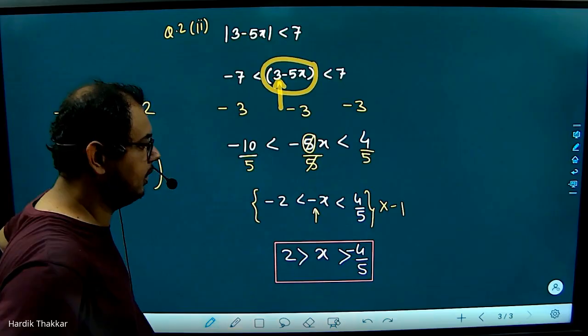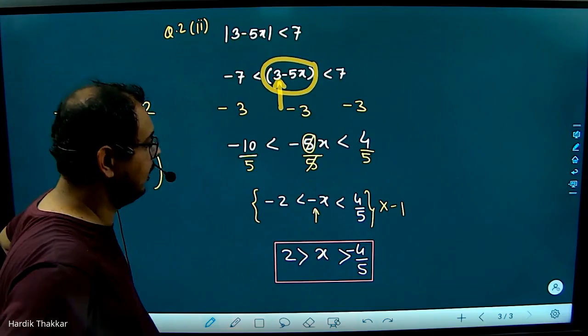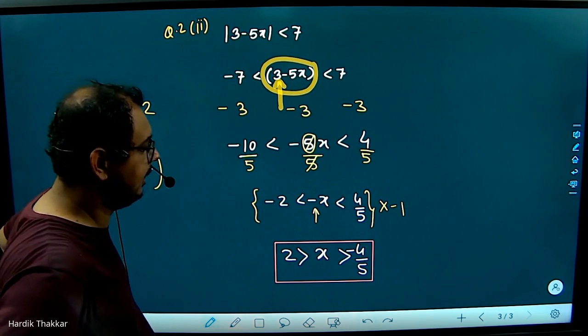I was saying that we have made this 2 positive and we got 4 by 5 negative. So basically we are adding the sign on either side, with 2 also and 4 by 5 also. No, actually, we are not shifting it like that.